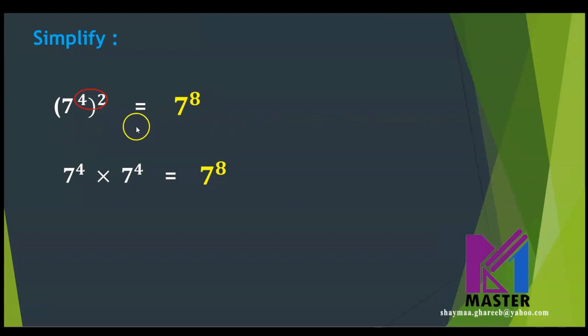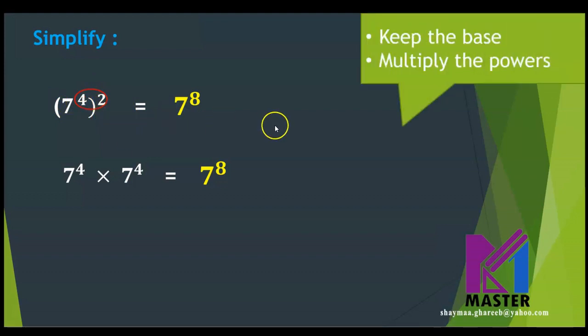So we can say that when we have a power raised to another power, we can get the answer by keeping the base number as it is and multiplying the powers together. So our rule will be: keep the base number as it is, then multiply the powers together.